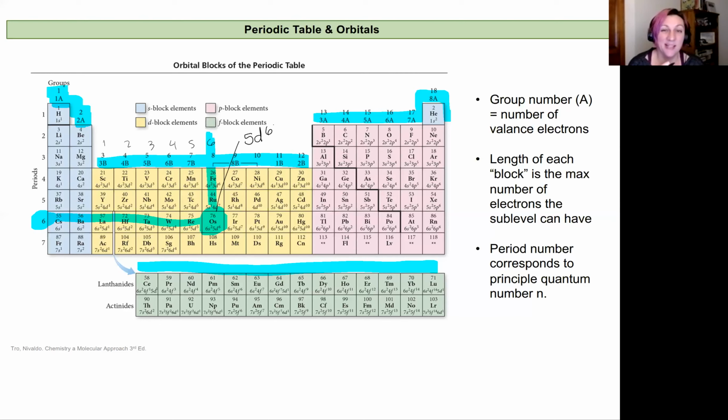And so the periodic table can be a useful way to shortcut these electron configurations after you get used to it. Your group number is always going to be the number of valence electrons if it's in A. That just applies to these elements right here.